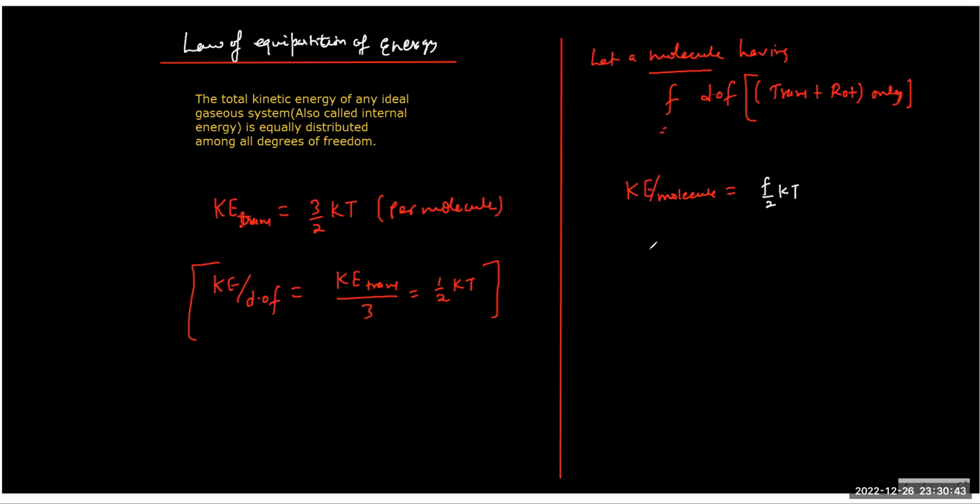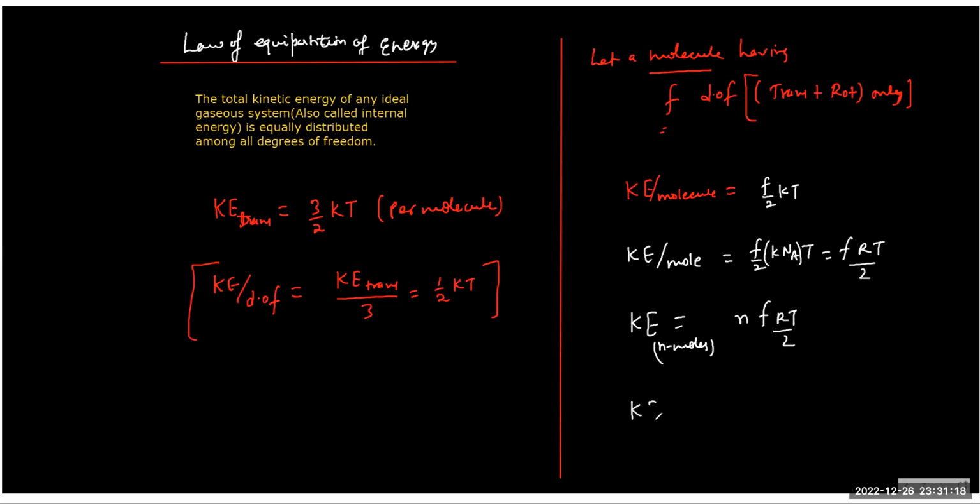So if one molecule has this much energy, what is the kinetic energy per mole of such molecules? Multiply by Avogadro number. But we know that the moment k and N_A come together, it becomes R. So what is the kinetic energy for n moles in general? n times F/2 RT.